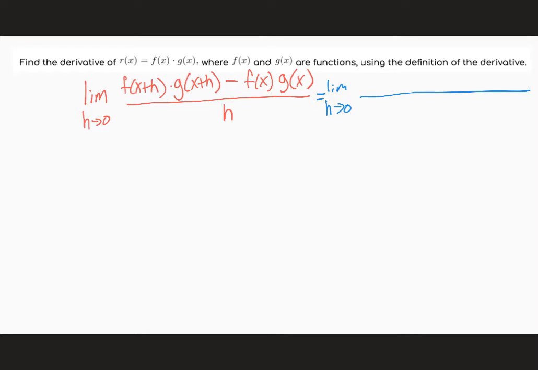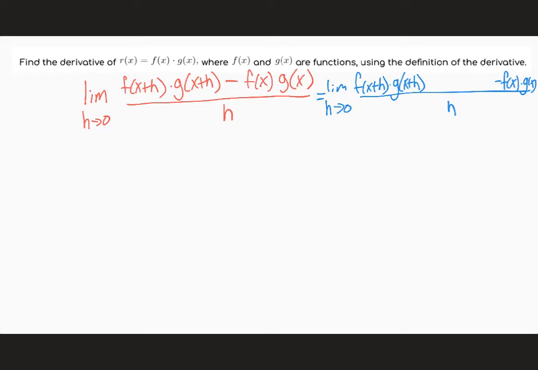I'm going to build my fraction. I'm going to put f of x plus h times g of x plus h minus f of x times g of x at the front and the back. And then I'm going to add and subtract the same thing in the middle.